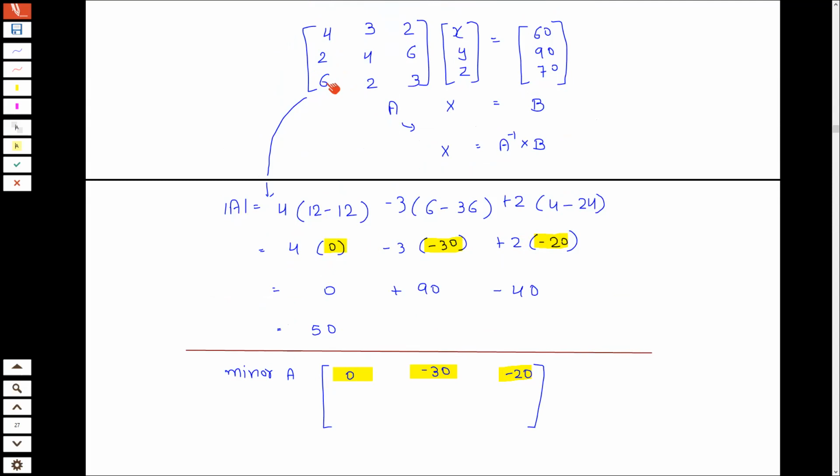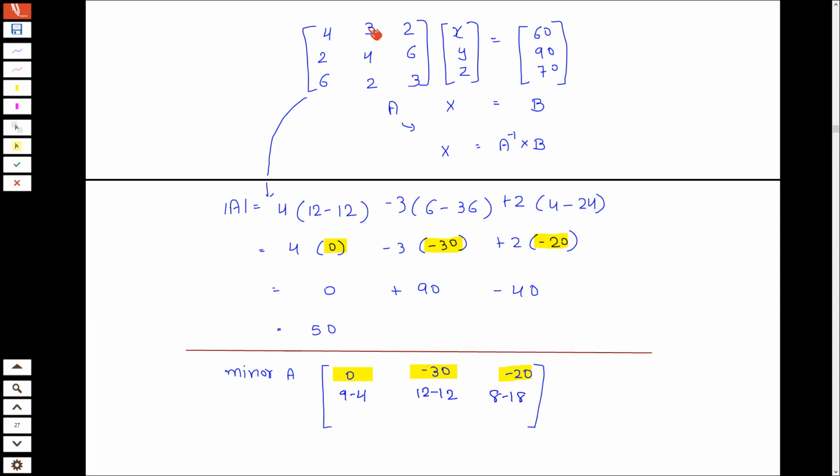In place of these 2, I have 3 3s are 9 minus 2 2s are 4. In this position, I have 4 3s are 12 minus 6 2s are 12. In this position, I will have 4 2s are 8 minus 6 3s are 18.